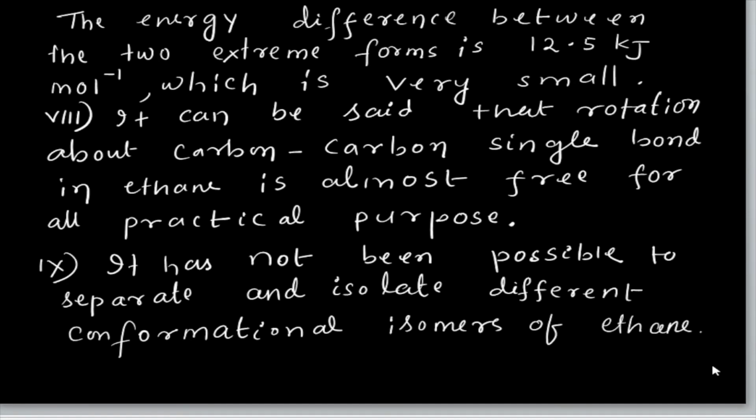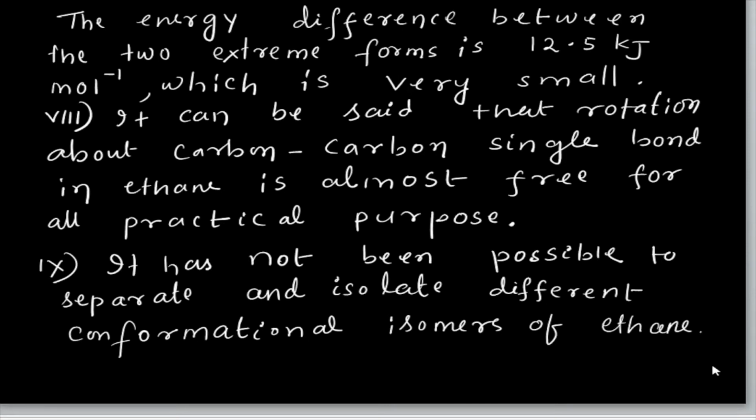Now the energy difference between the two extremes, staggered form and eclipsed form. When you calculate the difference between the two extreme forms, the difference in energy is 12.5 kilojoules per mole, which is very small. That means for 1 mole, 12.5 kilojoules is the difference in energy.